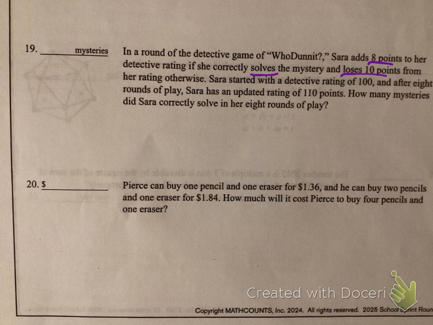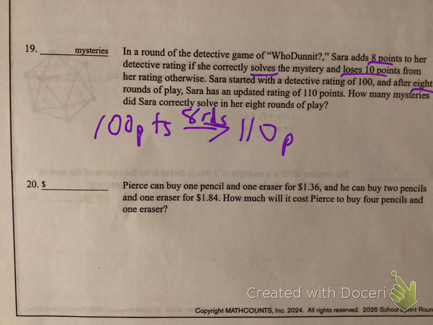She started with 100 points, and after 8 rounds, that's a key number, after 8 rounds happen, we're left with 110 points. How many mysteries did she solve correctly? So in other words, we're going to have some +8s and some -10s, and when it's all said and done, that's going to be a net value of +10, right?